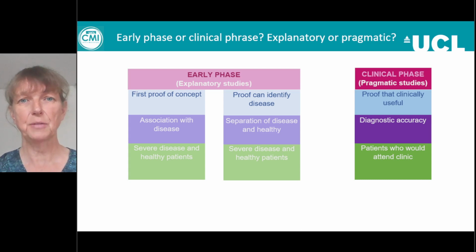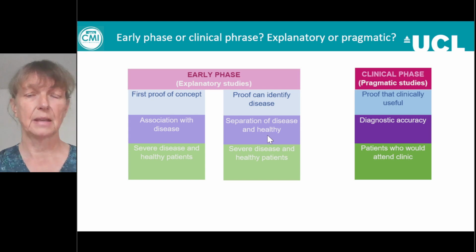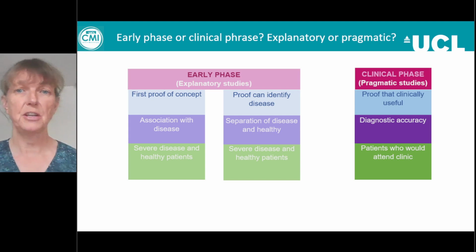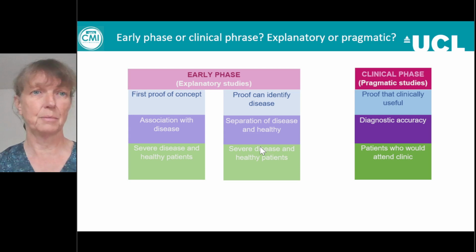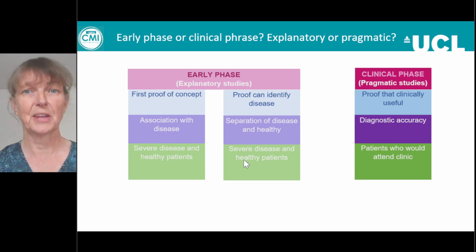And when we've found there is an association with disease, then we want to know, can we identify disease? Can we separate the disease and the healthy patients? Again, it's completely appropriate to have a set of patients with severe disease and completely healthy patients. We just want proof that we can identify disease.